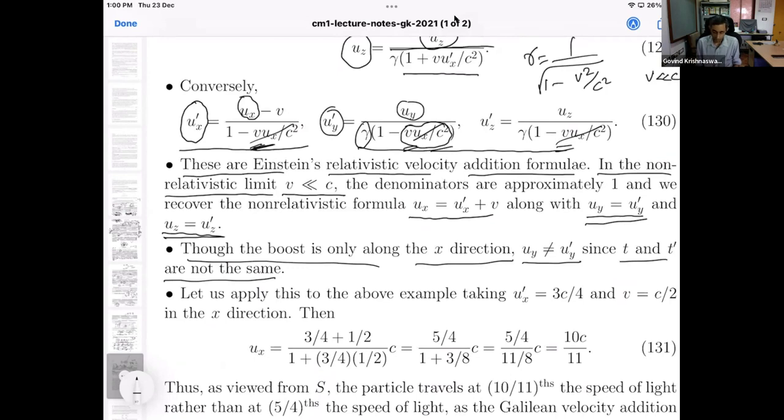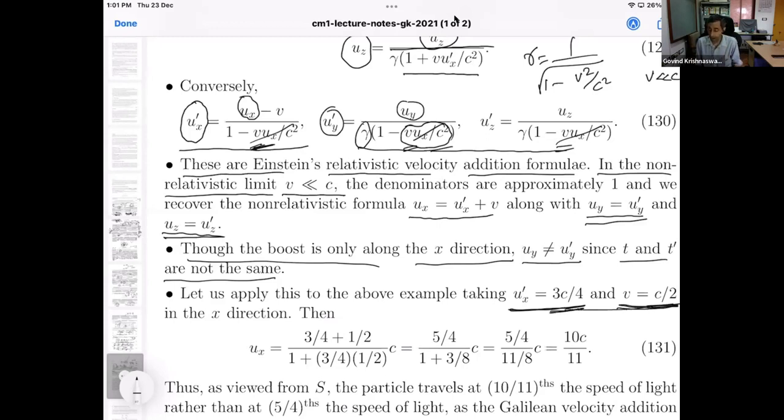Now we can go back to the numerical example we started with. There we had a particle which is moving at 3/4 the speed of light in the horizontal direction, and observed from a frame which is itself moving at c upon 2 relative to some S frame. So S prime moves at c upon 2 relative to S, and the particle moves at 3c upon 4 relative to S prime.